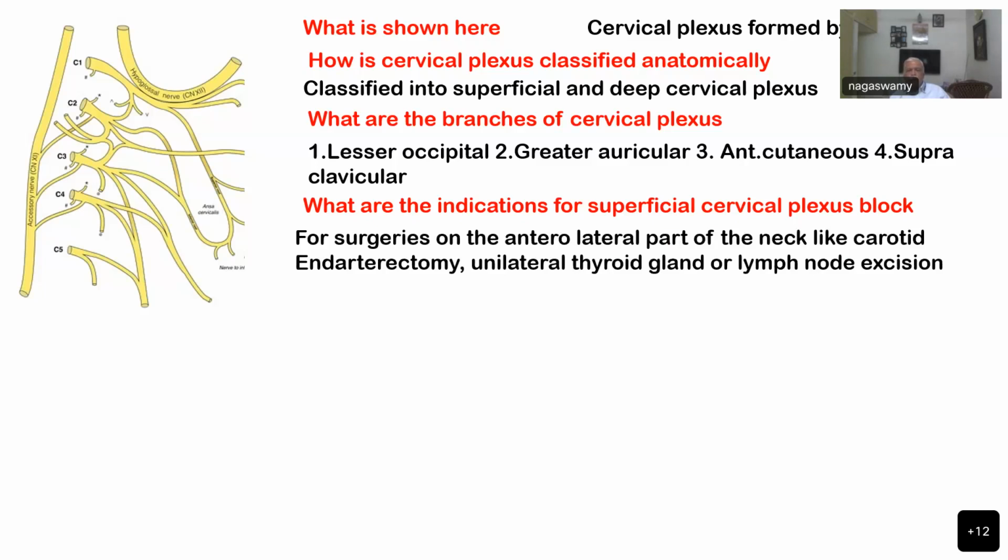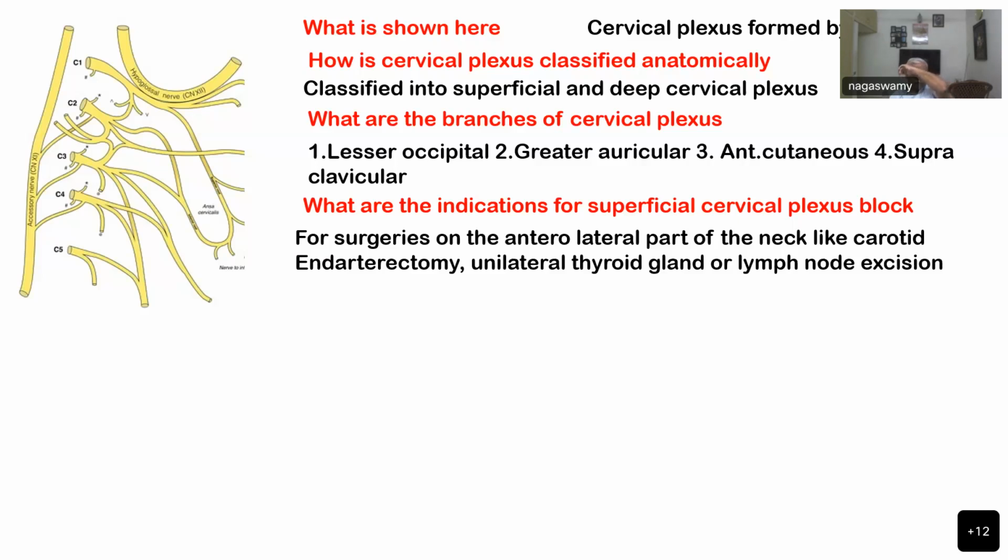You know why? If you want to do a bilateral thyroid excision, that is a subtotal or total thyroidectomy, for thyroid you have to give not only superficial, you have to give deep cervical plexus block also.